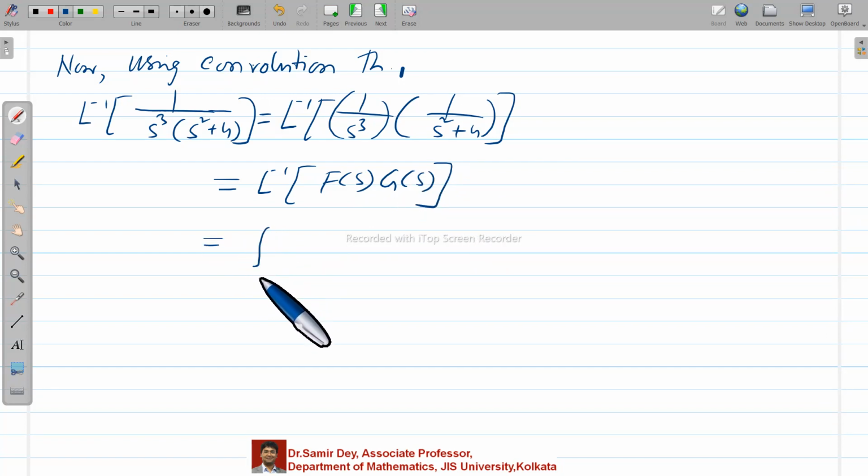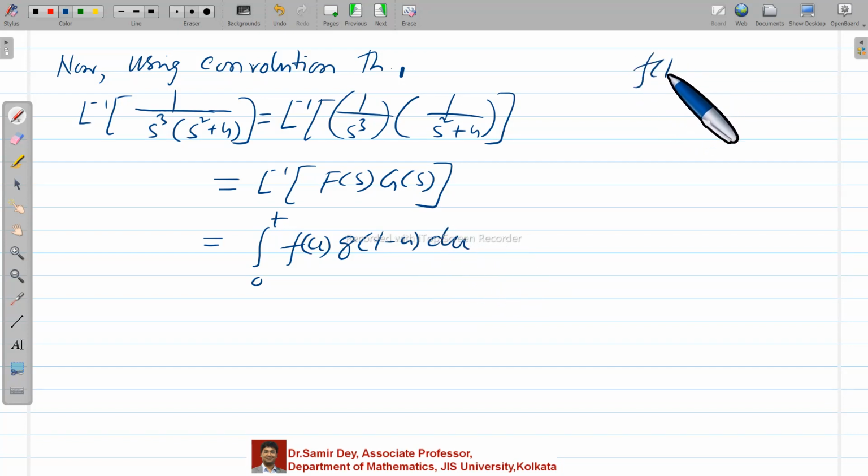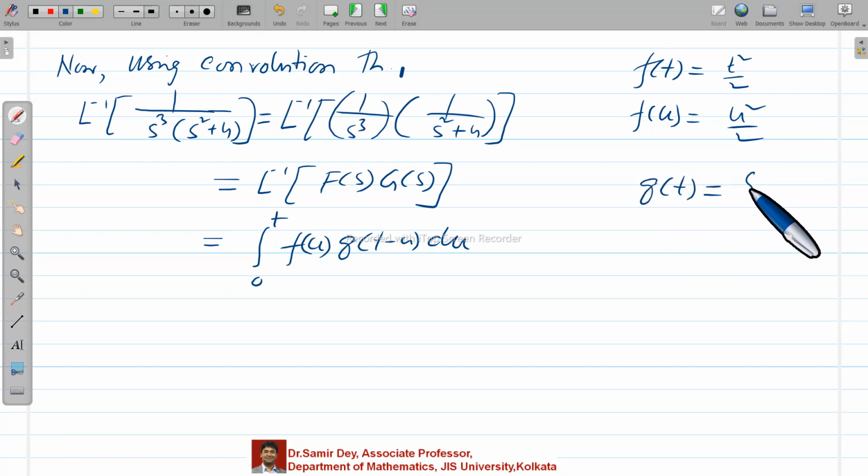So from here you may write the integral from 0 to t of F(u) g(t minus u) du. So what is your Ft? Ft equals t square by 2. So what will be the F(u)? It will be u square by 2. And what is your Gt? Gt equals sine 2t by 2.